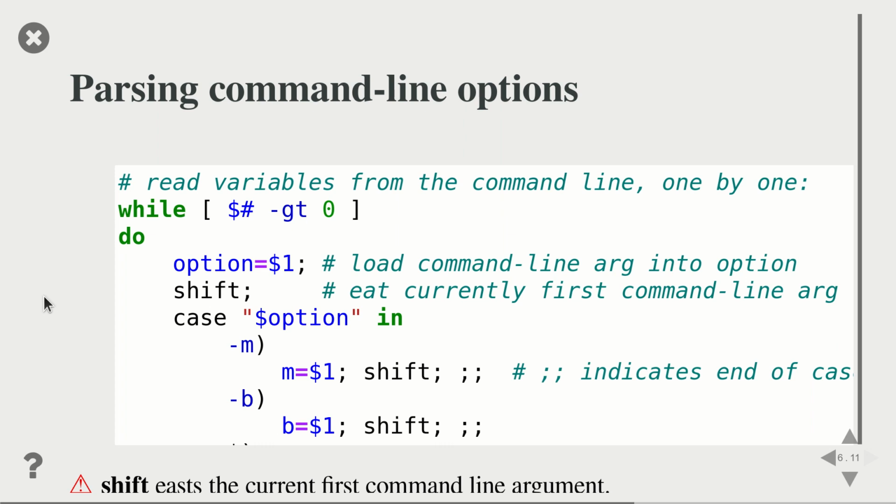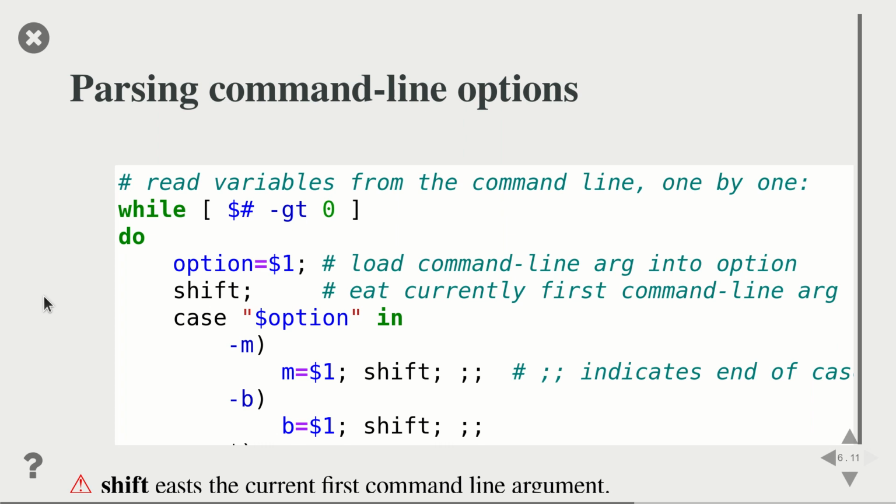Now we want to extend our program to take multiple command line arguments. Of course, we could have done, as I showed before for a single command line argument, a simple if statement. You could extend that and have a list of if statements, but that's not very flexible.